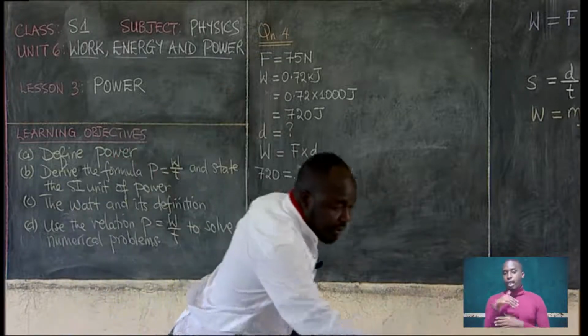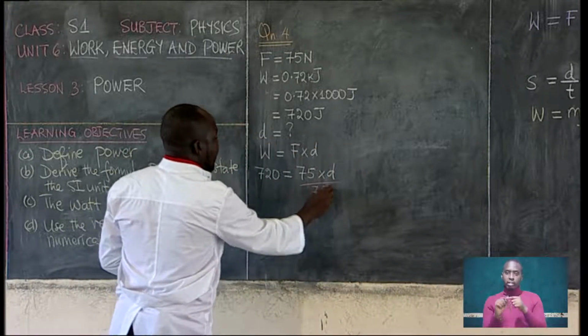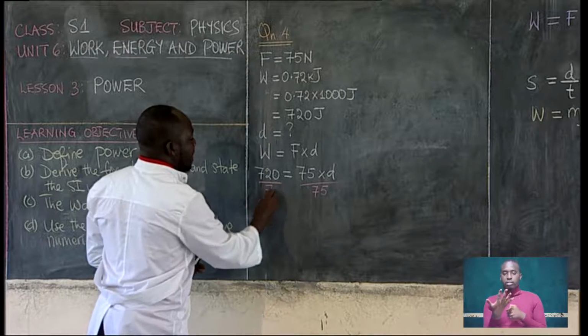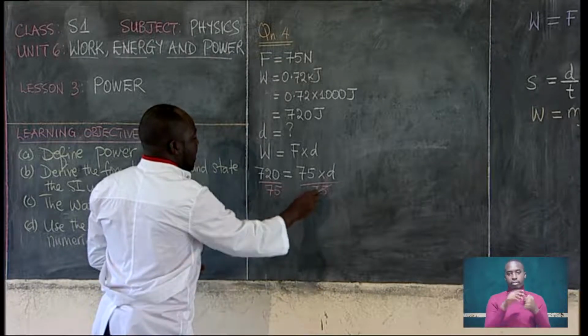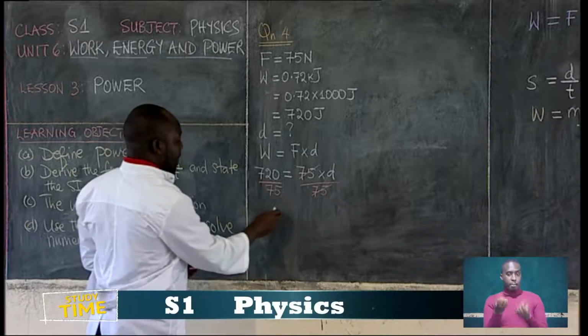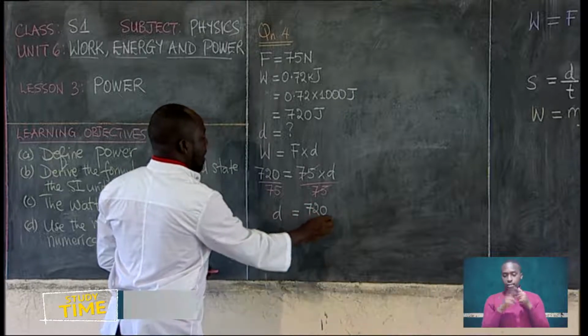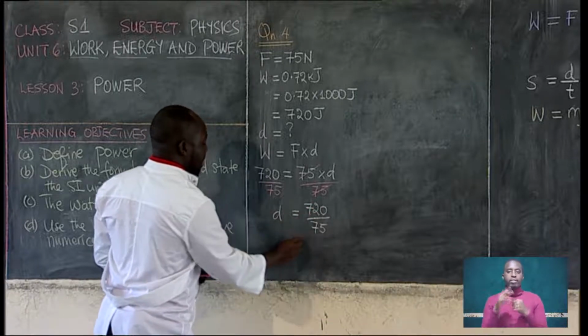And so, to simplify this, it means we divide this side by 75. We also divide this side by 75. So this cancels that. And I hope you are getting your calculators ready also. So we shall have D is equal to 720 divided by 75.